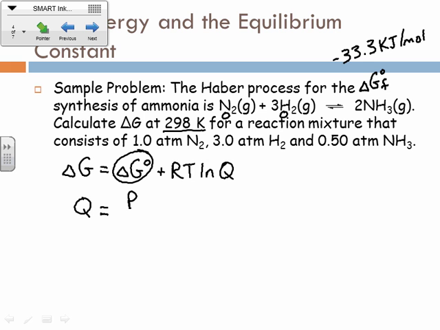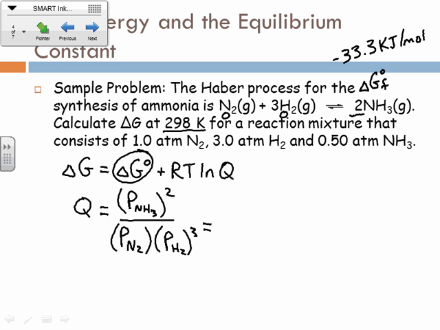So the pressure of the NH3, we're going to have to square that because of the coefficient 2 in the equation, and we're going to divide that by the pressure of the N2, and that's okay because it doesn't have a coefficient, times the pressure of the H2 cubed.